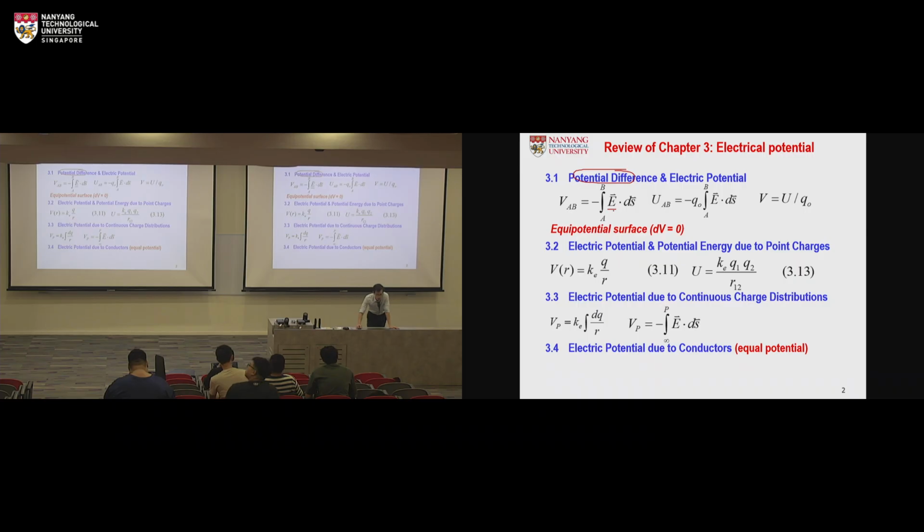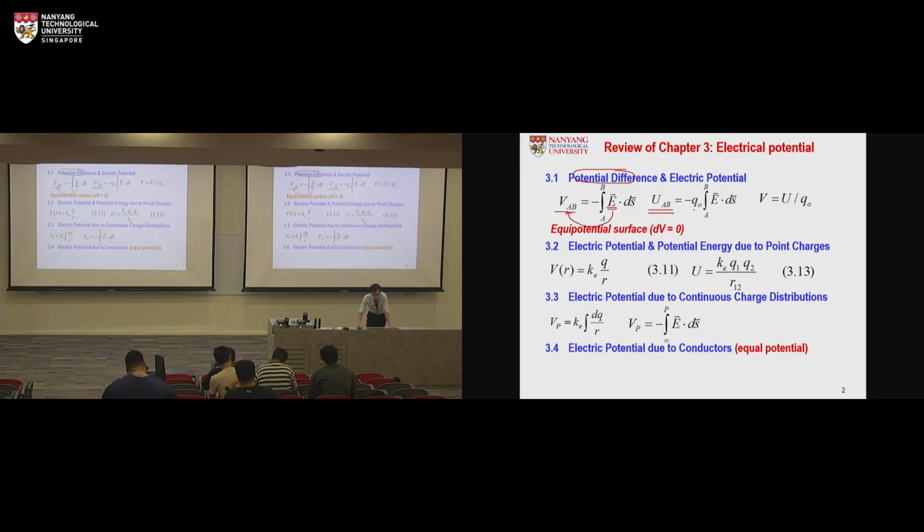From E, we can build up this relation of V. Let's say here basically is to say, if you know this E from A to B, then this is the way you figure out the potential difference between A and B. That is so-called VAB. And similarly, we can tell this potential energy, electrical potential energy, UAB.